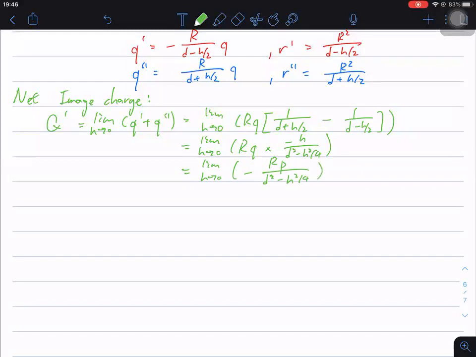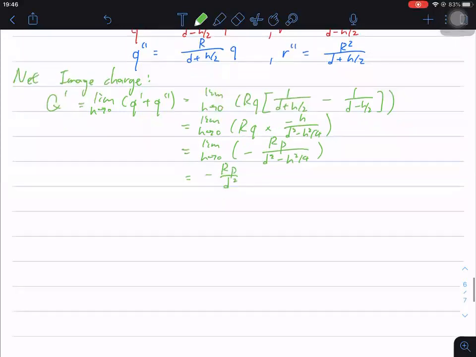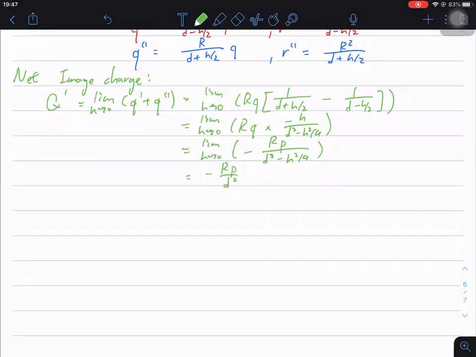And then taking the limit, we have minus RP over D squared. So we have a non-zero net image charge this time.